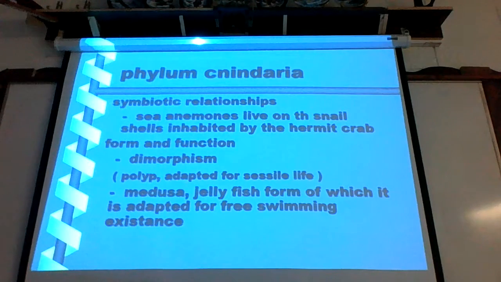So what example would we use when we're talking about dimorphism then? What does it mean to go through dimorphism? Yeah, they don't move to begin with, and then movement ensues later on in their life cycle. Of course, there's different types of animals that do that.